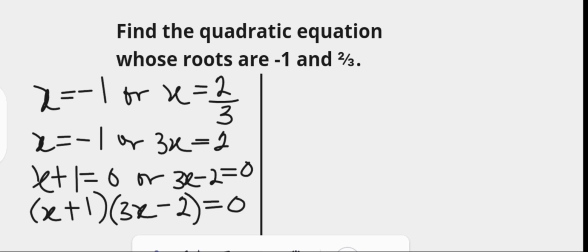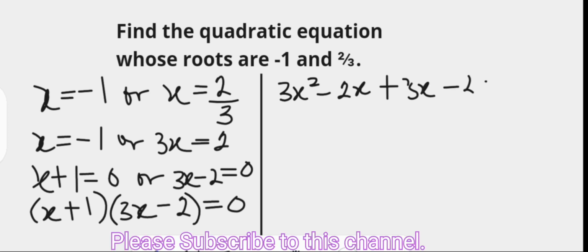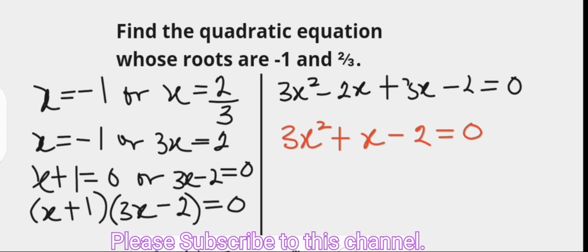Then we expand the terms in the bracket to give 3x squared minus 2x, that is using x to multiply the second bracket. Then using +1, we have plus 3x minus 2 equals 0. And this finally gives 3x squared plus x minus 2 equals 0 as the required equation.